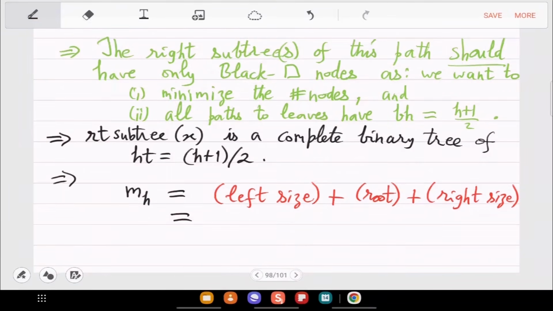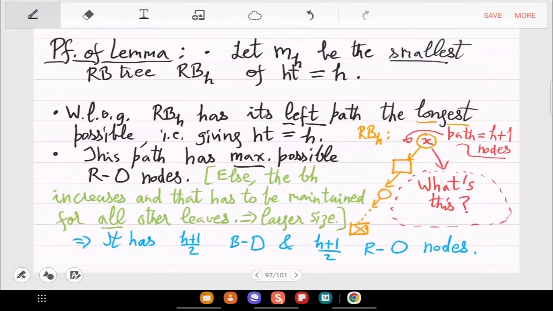So what is the left size? In the left, what is the height? If you remove x, then the height falls by 1. So now the height becomes h. And is that a red black tree or not? The left subtree of x, is it arbitrary? How is that possible?